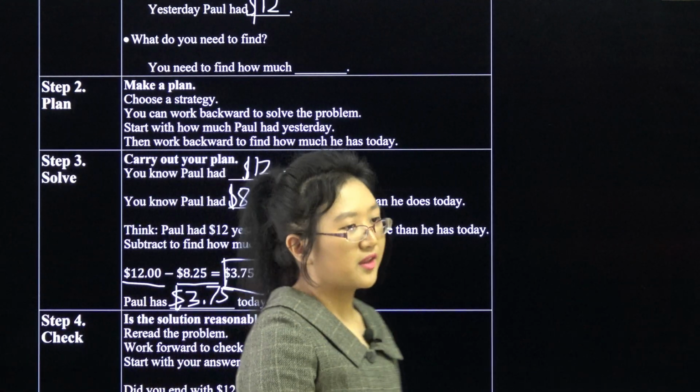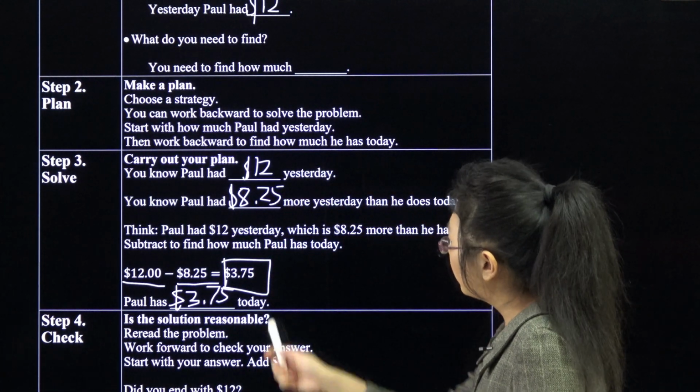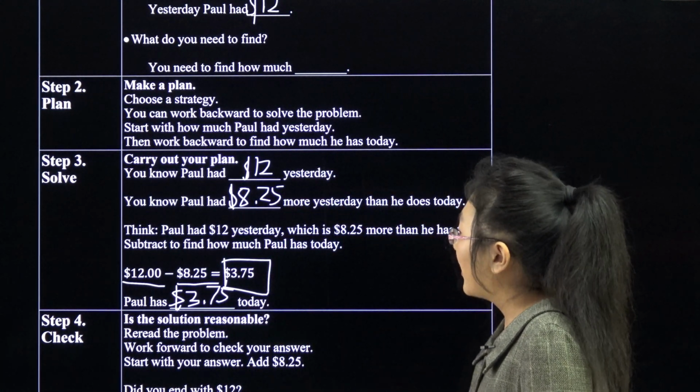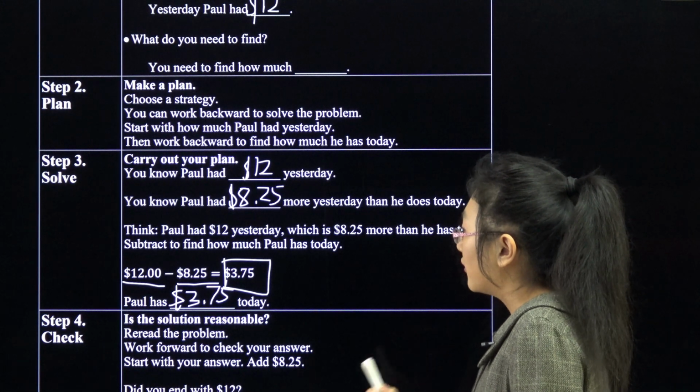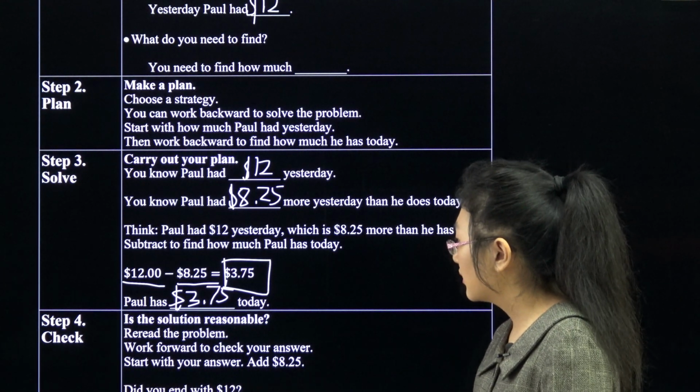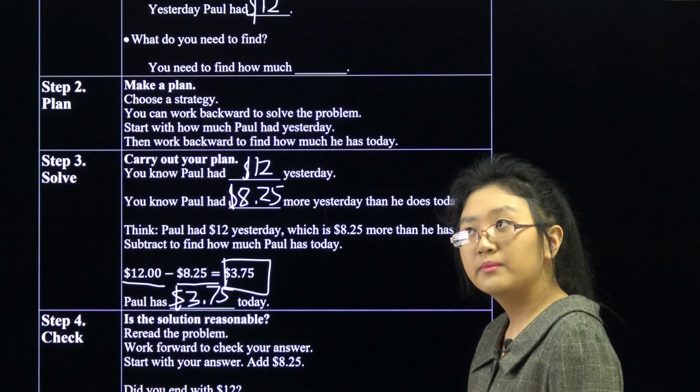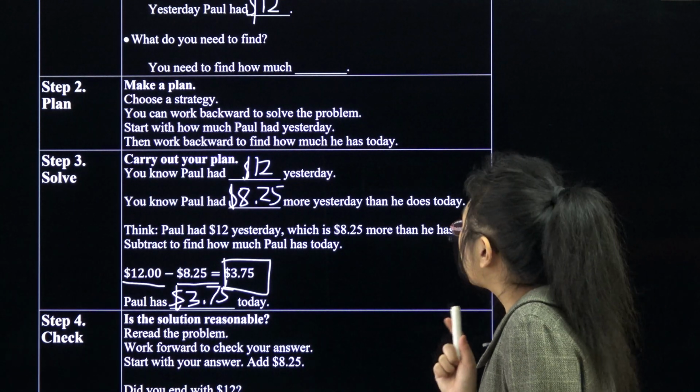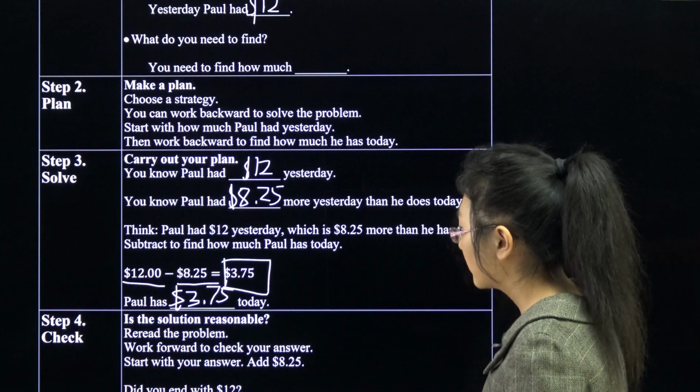So how could we check the answer? We could do 3.75 plus 8.25. And if we get 12, then our answer is correct. Do we get 12? Let's see. Yes, we do.